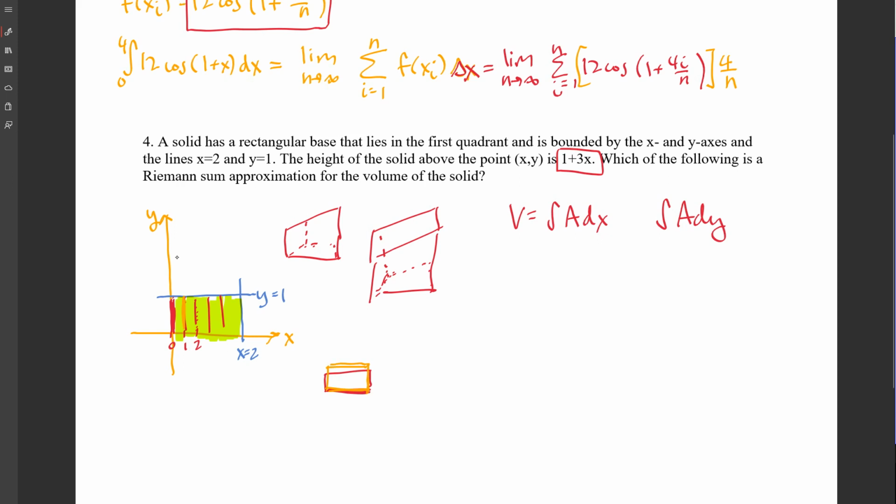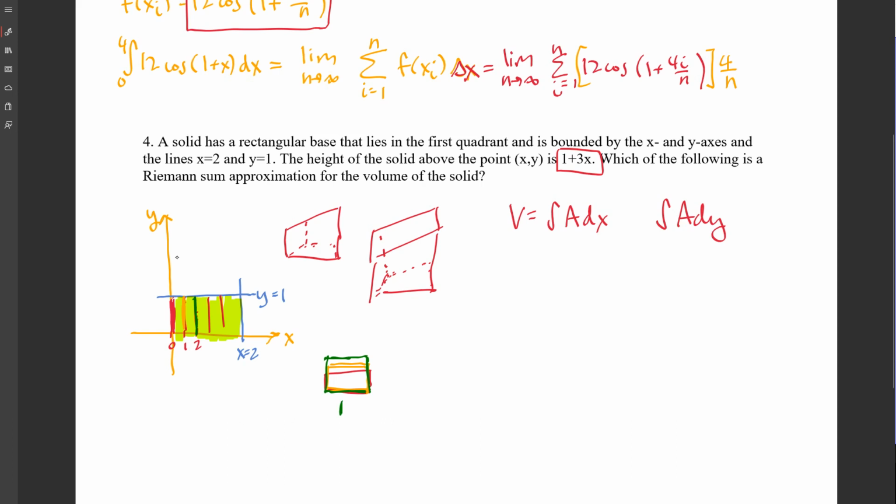And then this one right here, if I did a cross section right here, would be a rectangle, but even taller, right? And that's what we're doing. All of them are rectangles. And how high and how wide is each of these rectangles? The base is always 1, no matter which rectangle I pull out.